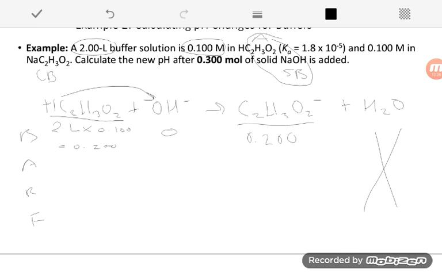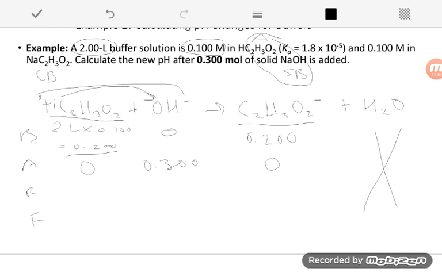And I didn't start with any sodium hydroxide, so I didn't begin with any there. I don't add any to my buffer. I add this hydroxide, and I add 0.3 moles of it. Now again, I look at my reactants and see who I have less of. This time, I have less of the acetic acid. I have 0.2 there, 0.3 of the sodium hydroxide.